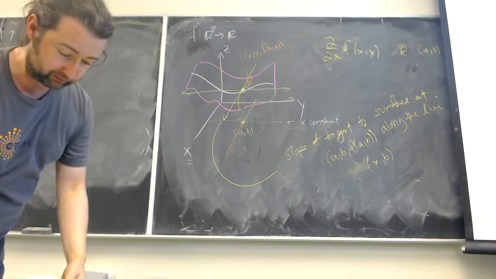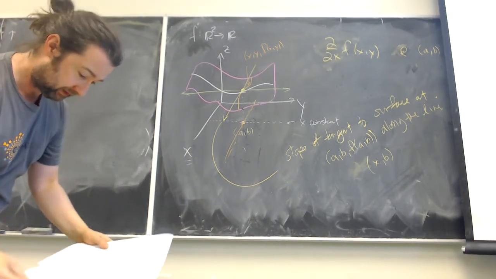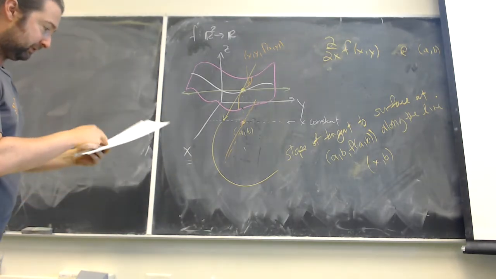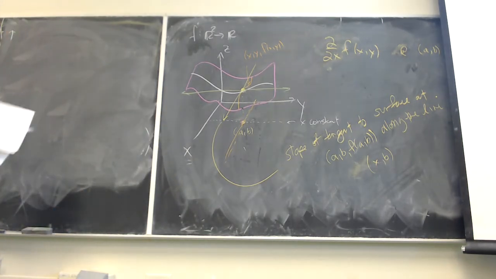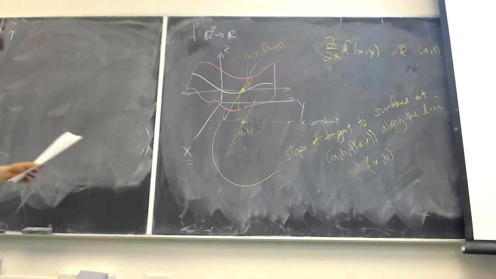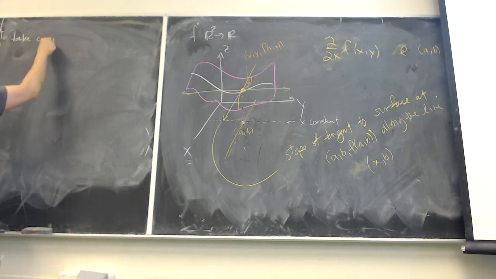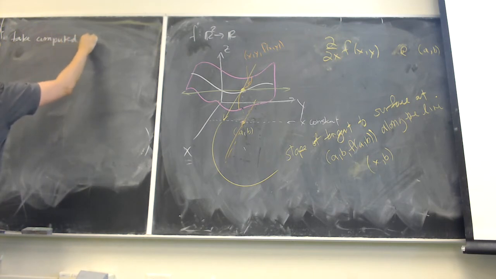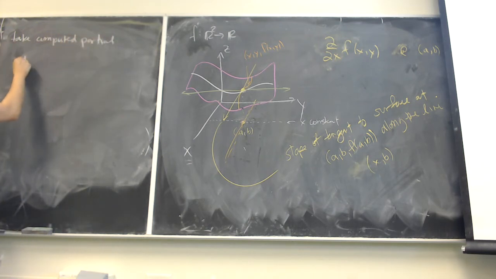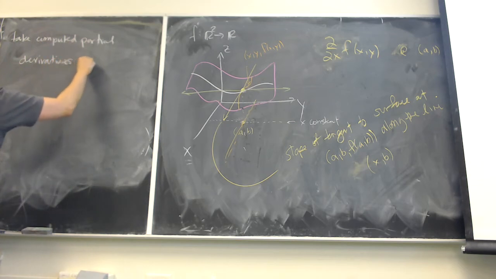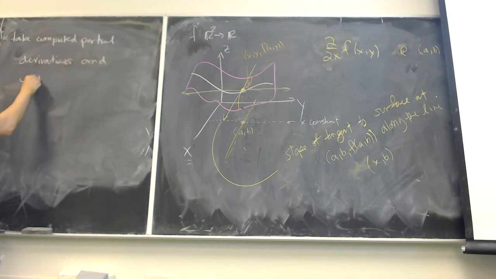So what does it look like in practice? So what are the actual slopes of the vectors? And the idea is that we want to be able to take these computed partial derivatives and actually write down the tangent plane.